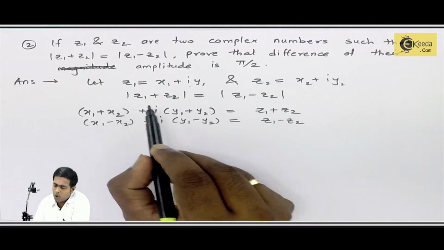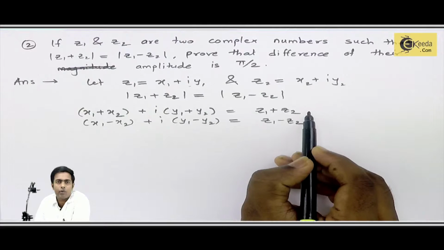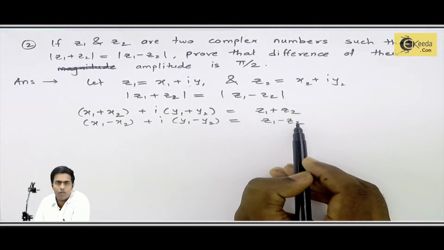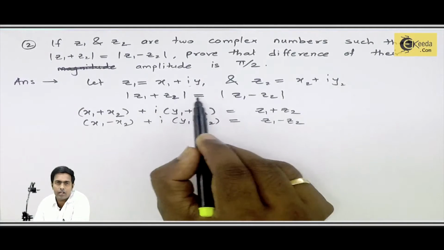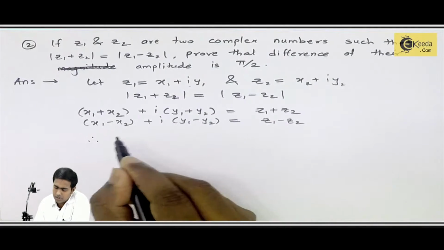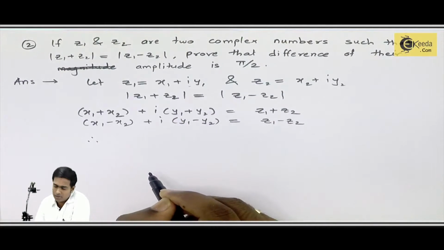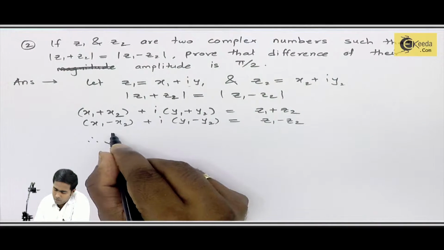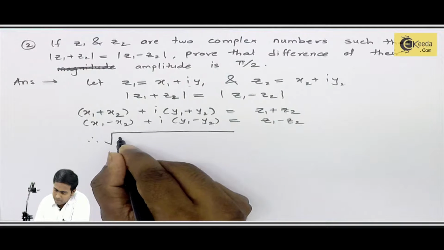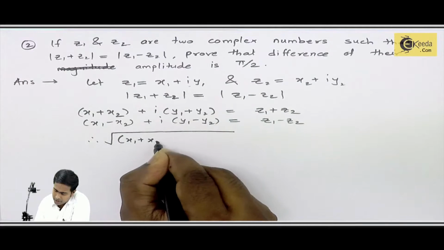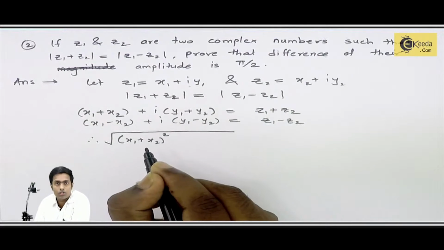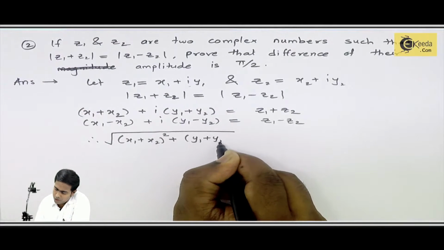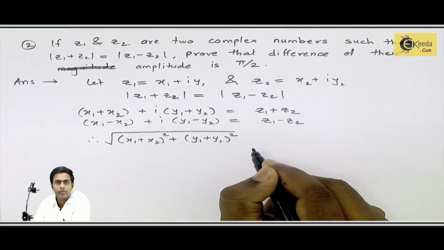Now we will find mod of z1 plus z2 and mod of z1 minus z2, value of which we will substitute in the given condition. So therefore this given condition becomes mod of z1 plus z2, that is square root of x1 plus x2 the whole square plus y1 plus y2 the whole square.